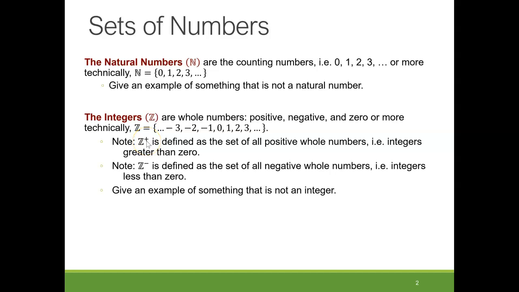How is Z plus different than the natural numbers? It doesn't include 0. Very good. Remember, 0 is neither positive nor negative, right? So Z plus doesn't include 0. It's only the positives. Z minus, that's only the negatives. Again, doesn't include 0.